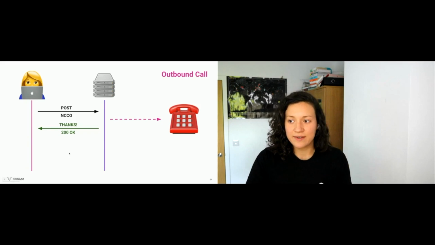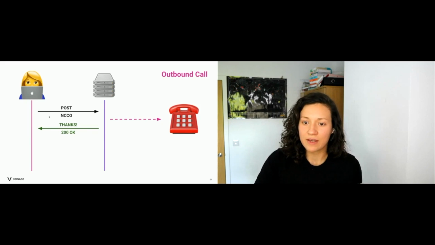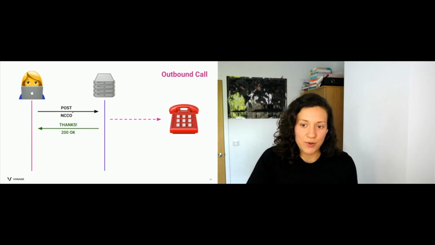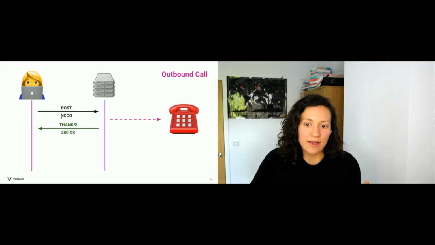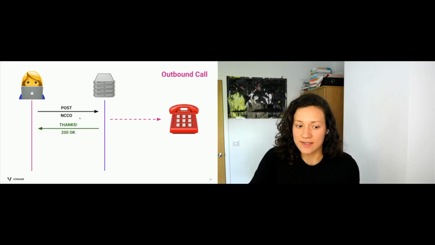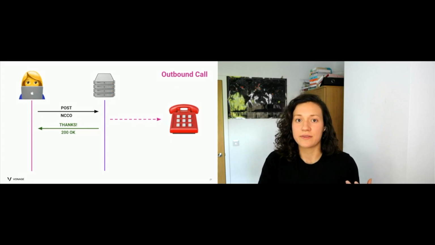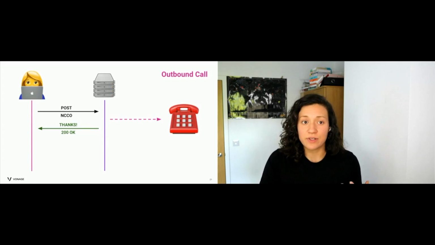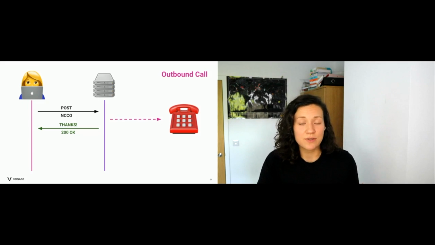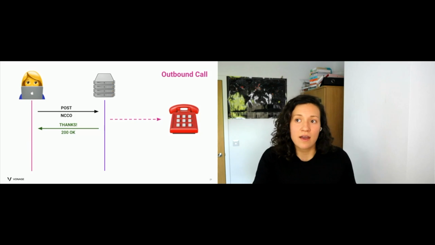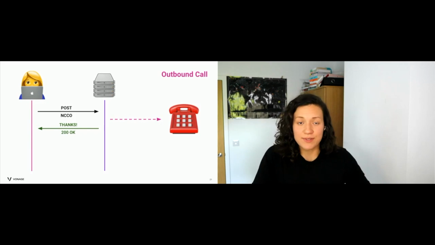So to make this phone ring, we are going to make a post request to Vonage, and we are going to send the NCCO. Earlier I mentioned that we need to host this NCCO at an answer URL, and Vonage will be looking for it. That's what you would do in a normal, real-life use case.